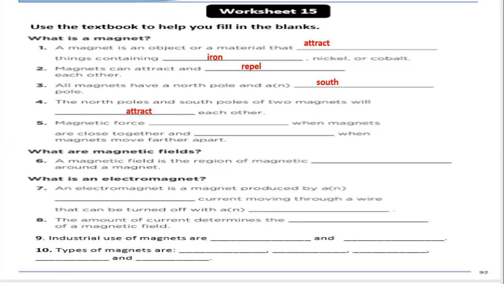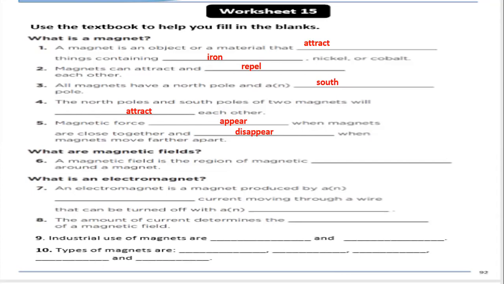Number five, magnetic force appears, or you can say strengthens, when magnets are close to each other, and it disappears or weakens when magnets move farther apart.